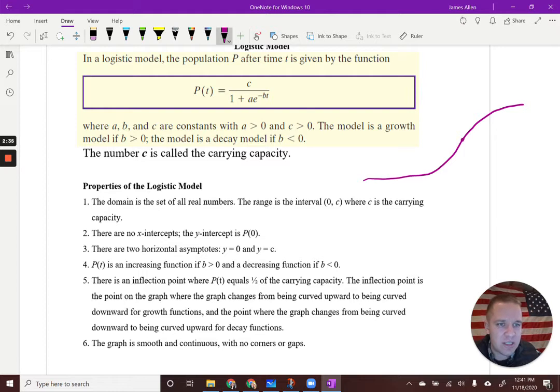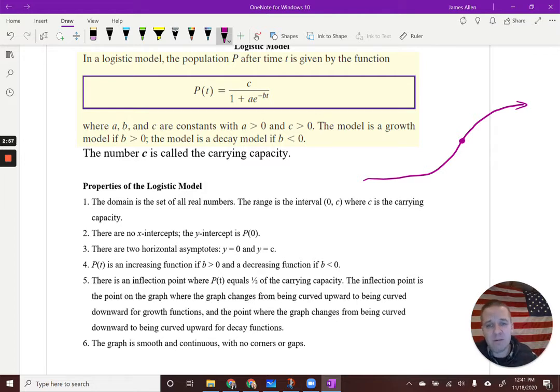So it's at its steepest point right here. That would be our inflection point. And that's when it's half of the carrying capacity. And then it's smooth, continuous, no corners, no gaps, nothing like that. Okay. So, wonderful properties of our logistic model.